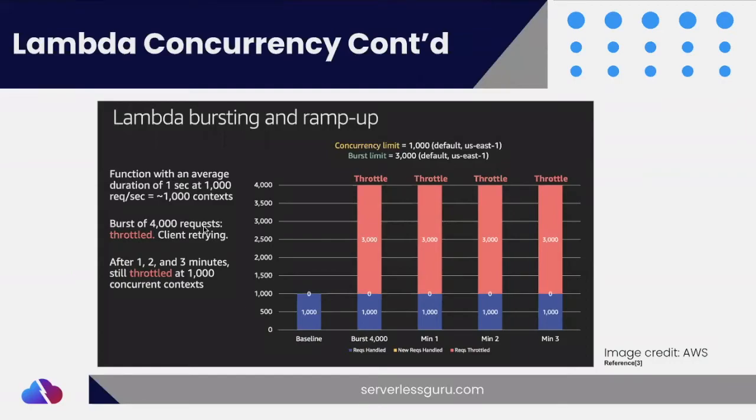But if you get a burst of requests to the function, for example 4,000 requests, only the first thousand of the 4,000 will be served, and the other 3,000 will be throttled. This will continue the same way because of this regional limit. Unless you increase the regional limit, you can only serve 1,000 concurrent requests at a given time.